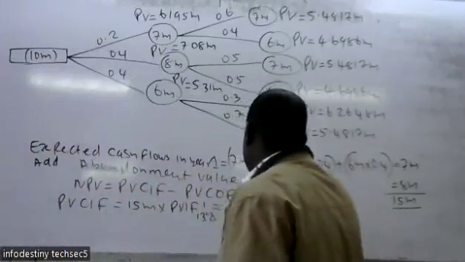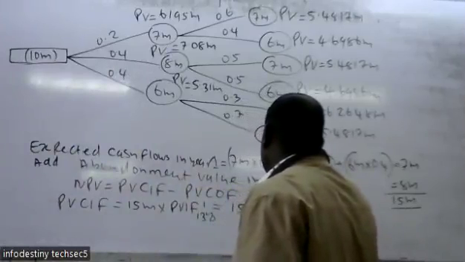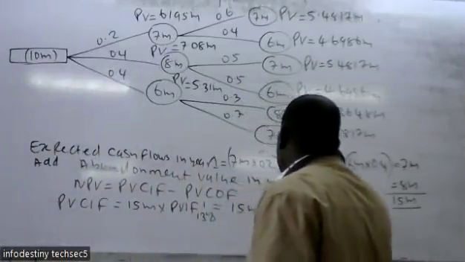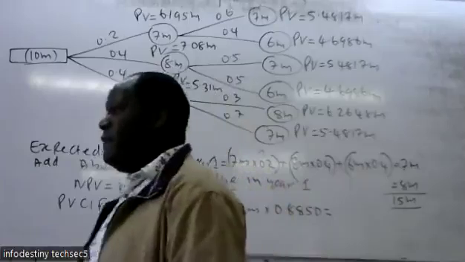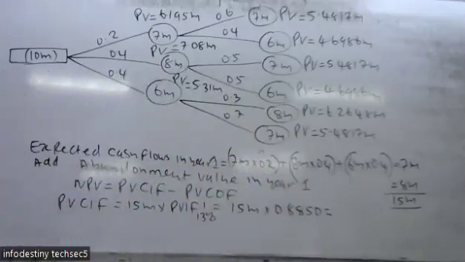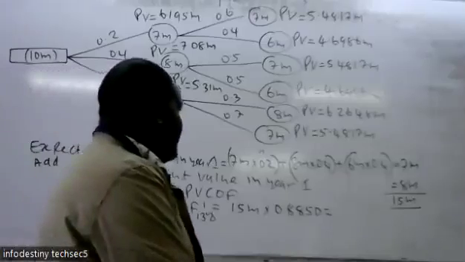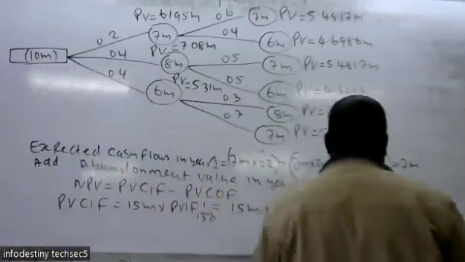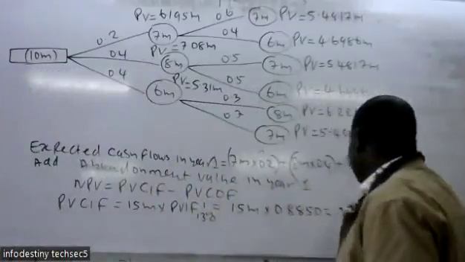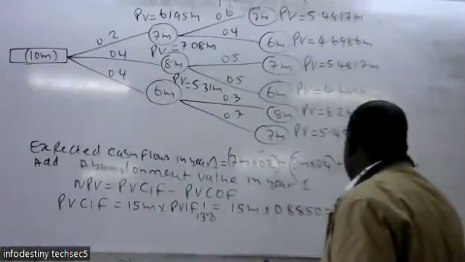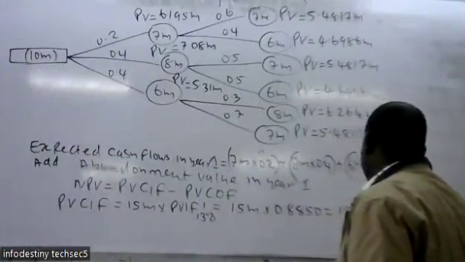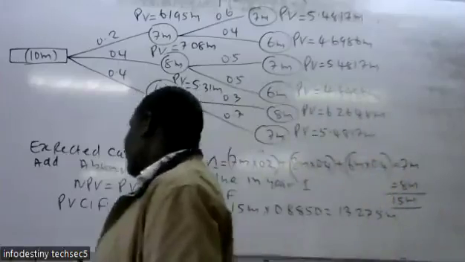It was 0.8250. So multiplied by the 15 million, we get the present value of the cash inflows, 13.275.